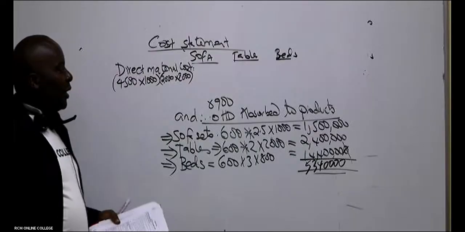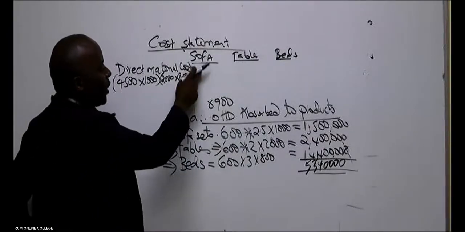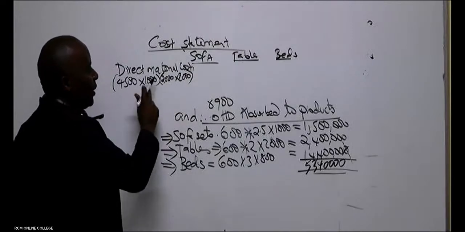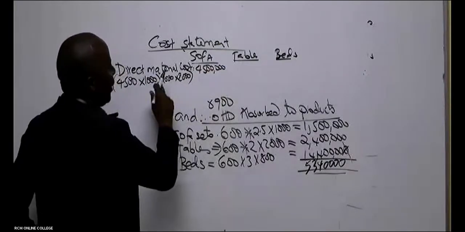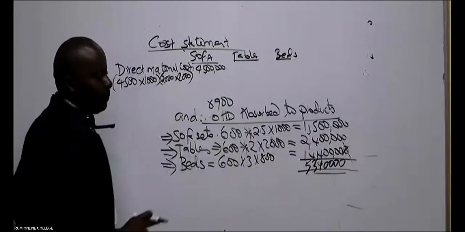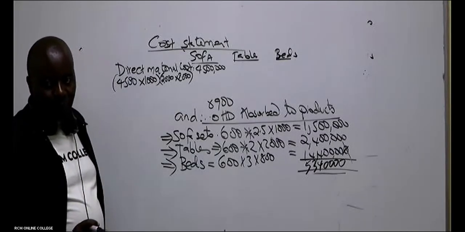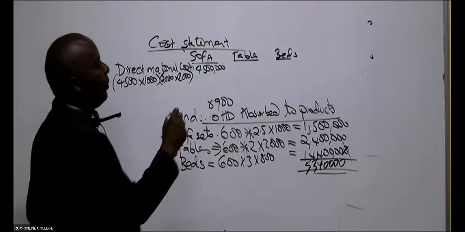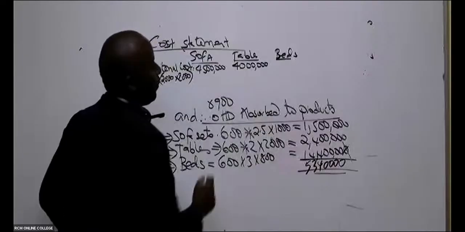All right. Then give me the direct material cost for sofa sets first. 4,500 times this. Is there somebody who is able to see 4.5 million? Yeah. 2,000 times 2,000, 4 million. And are you able to see the value for beds now?